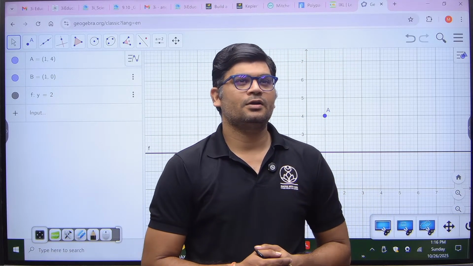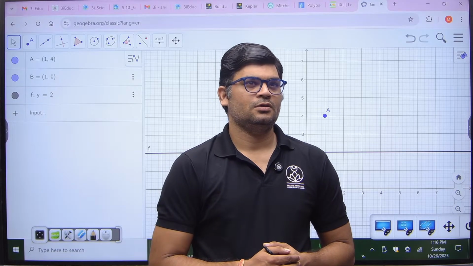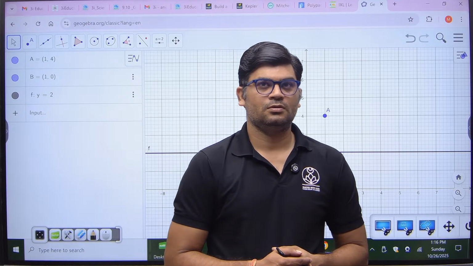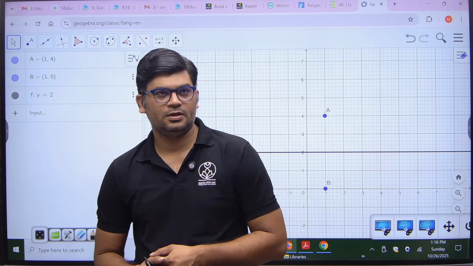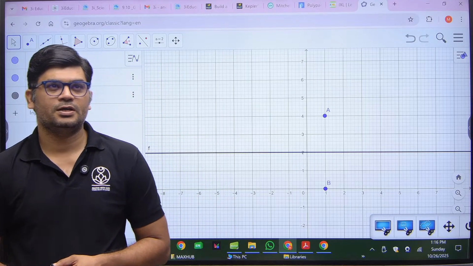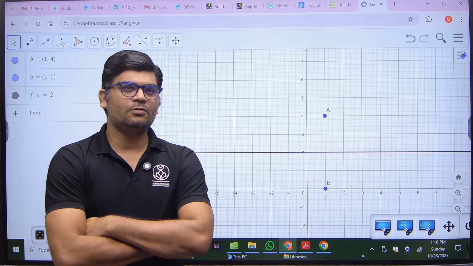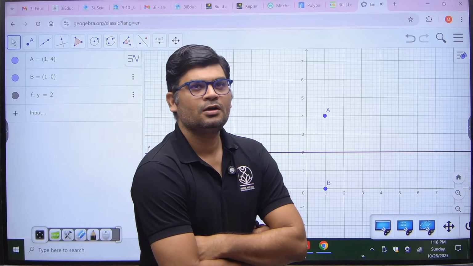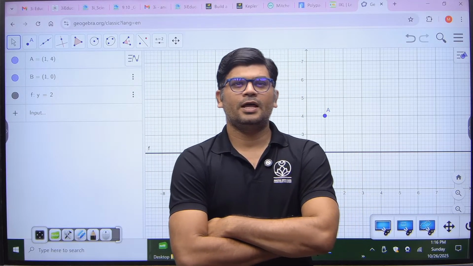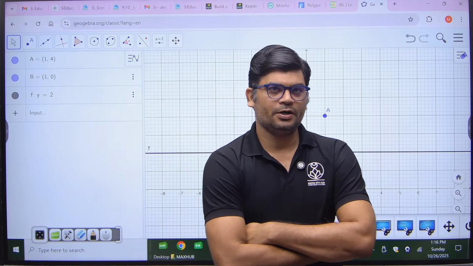You have hidden it. Yes. Then when I press enter, it just does the capital way. Yes. So this is a line which is perpendicular to the line joining AB and passing through the midpoint.